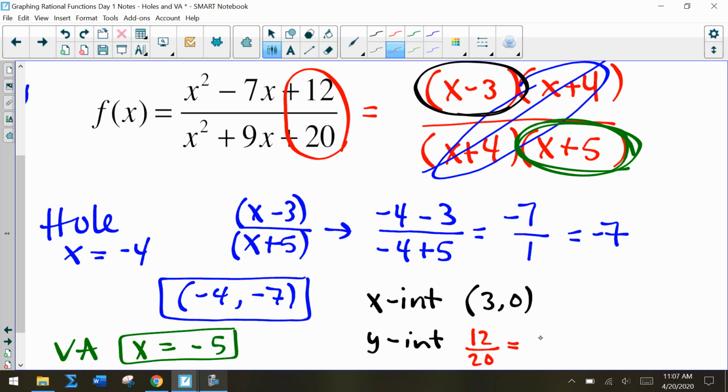If we divide by 4, we get 3/5. So at 0, 3/5, we have our y-intercept. In the same way we found our y-intercept for quadratics, we're going to find the y-intercept if we have constants in this rational. So those are all the key points.